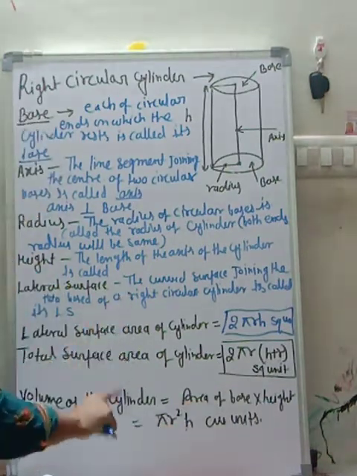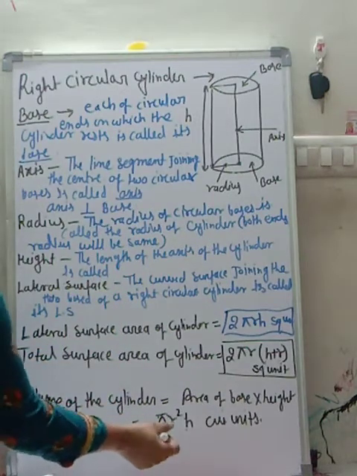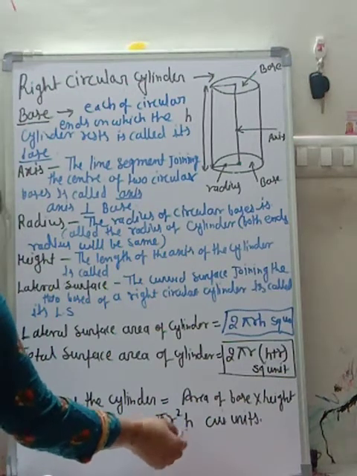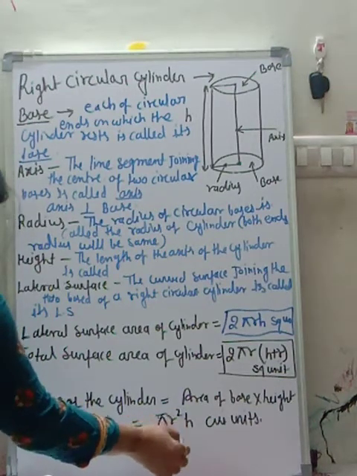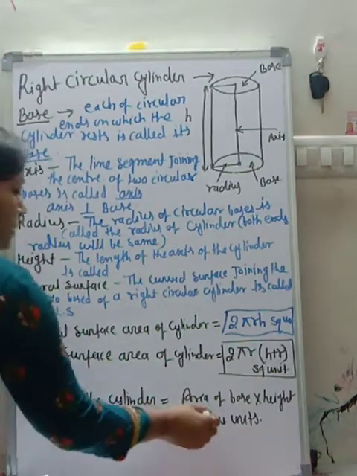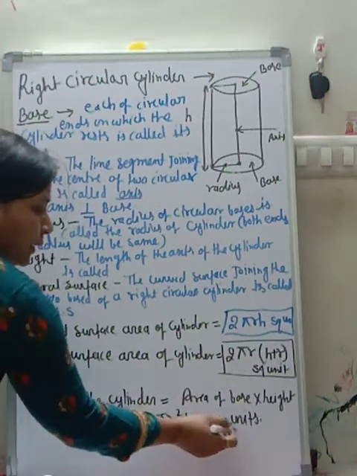So you can find the volume of a right circular cylinder using this formula, pi r square h, area of circular base into height. And the volume is always measured in cubic units.